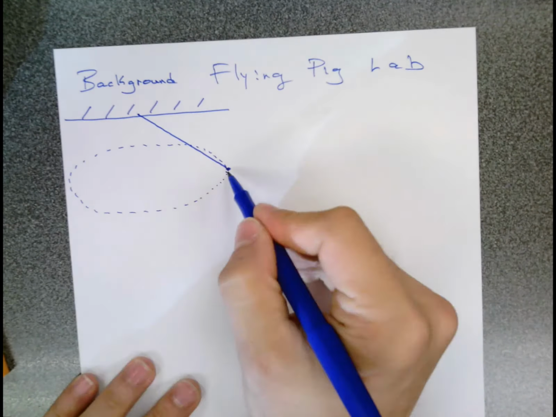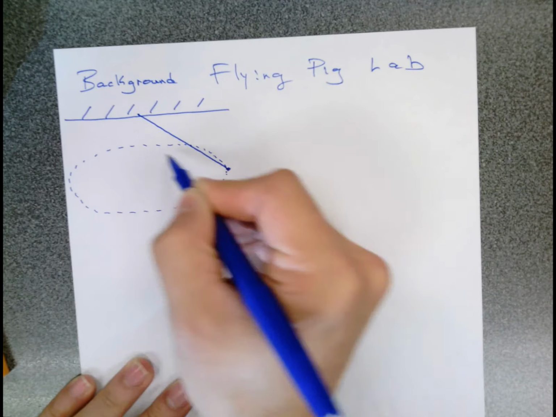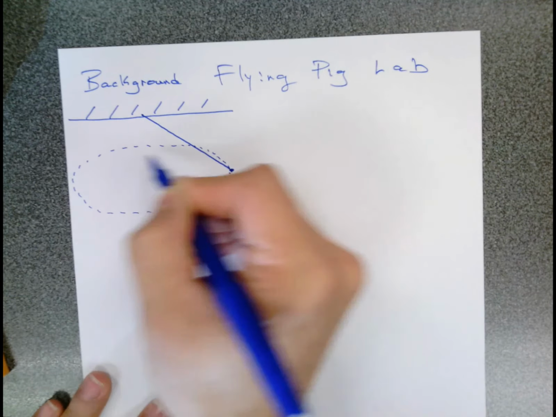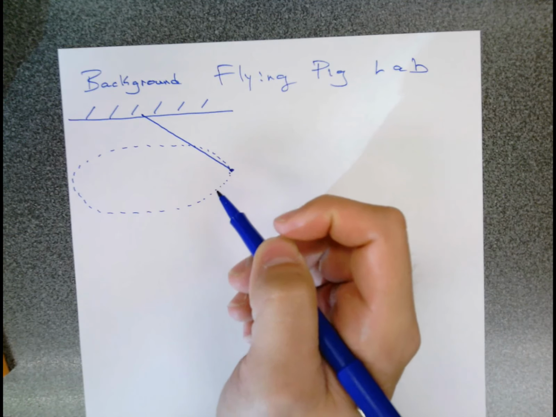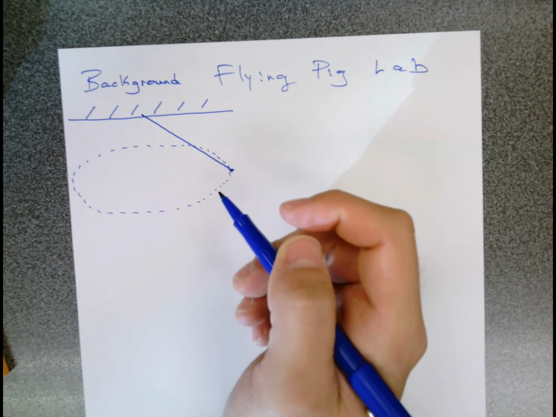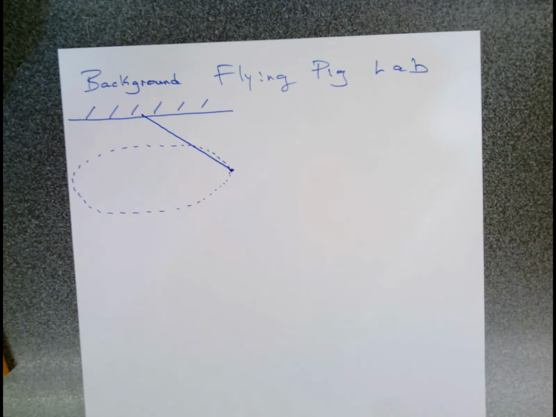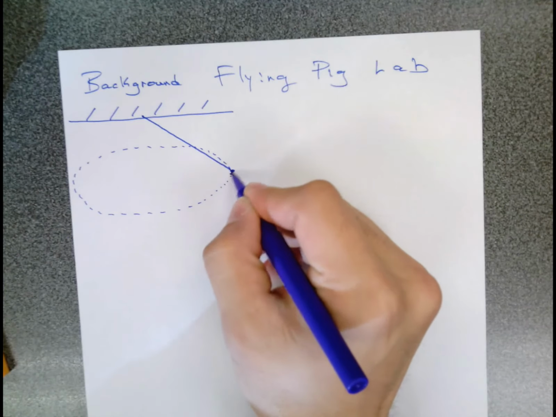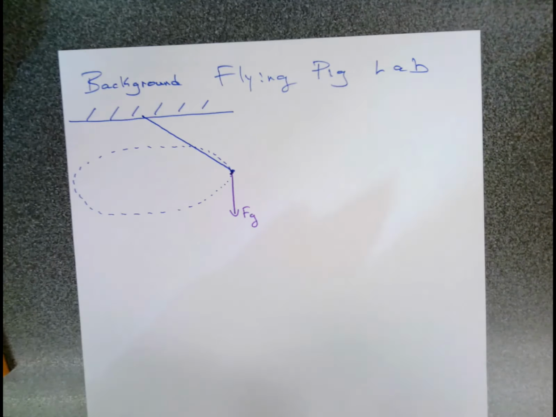So the pig is flying in this circle at a constant speed, but a constantly changing velocity. And when it does that, there are additional forces that come into play. If we're going to draw a free body diagram of this, the pig will have a force of gravity, as always pointed down.